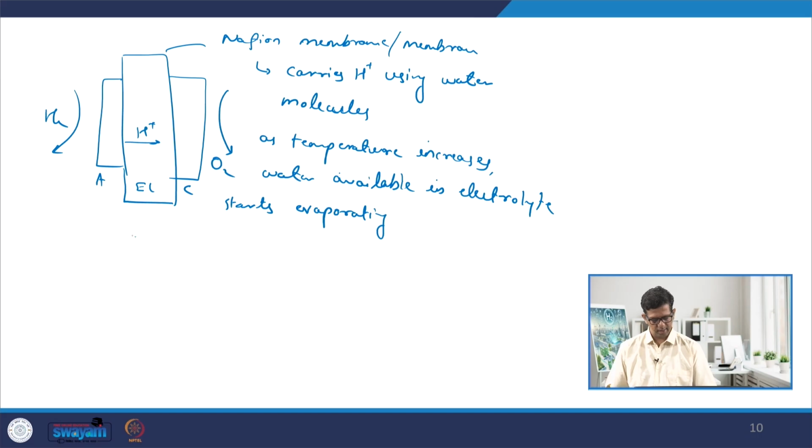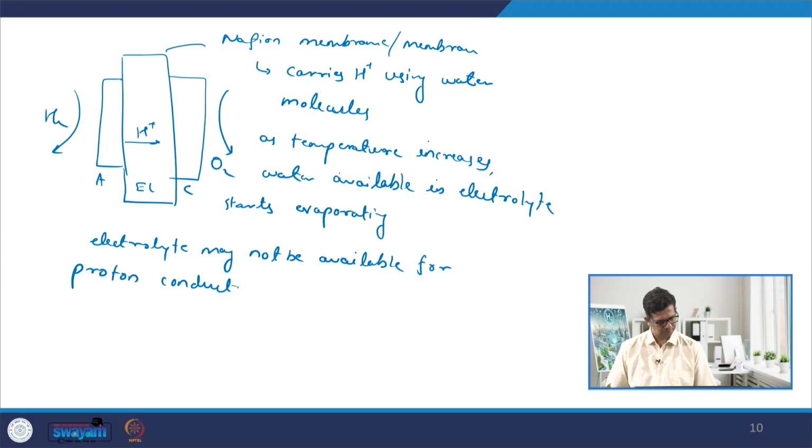So, let me write this up. Electrolyte may not be available for proton conduction. When I say electrolyte may not be available, in other words, it is not available as a proton conducting material.